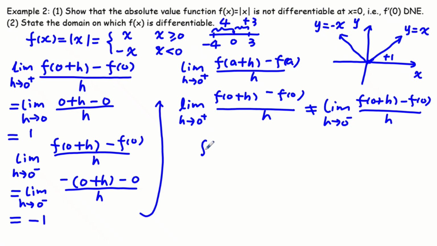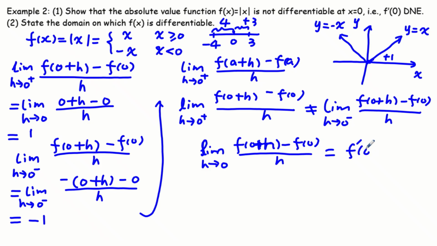Limit as h approaches 0 of f(0 plus h) minus f(0) over h is the slope of tangent, and this slope of tangent equals f prime of 0. It's just another name for the slope of tangent. This doesn't exist, so f prime of 0 doesn't exist.